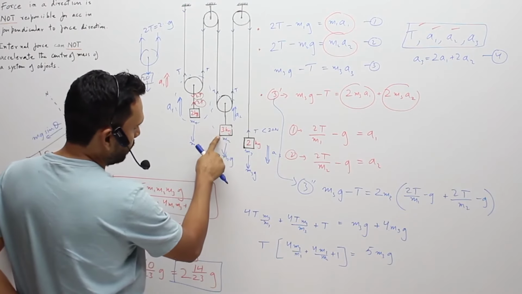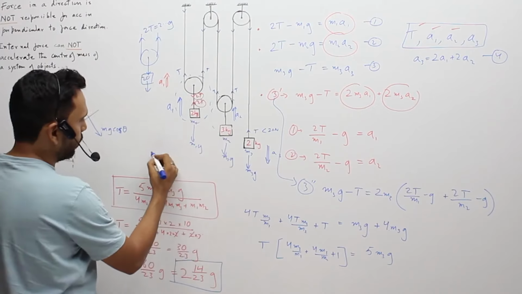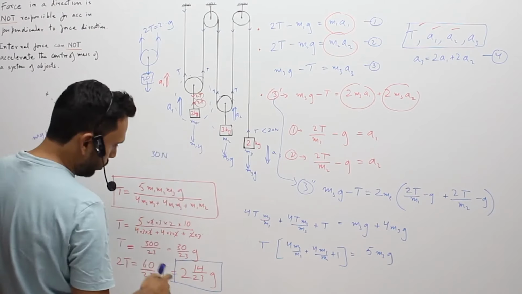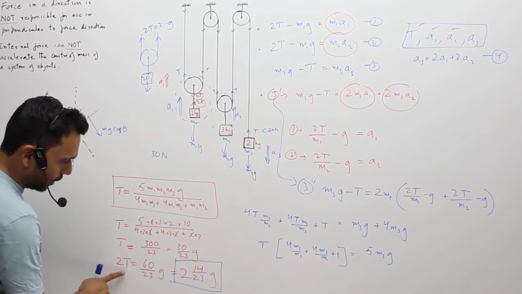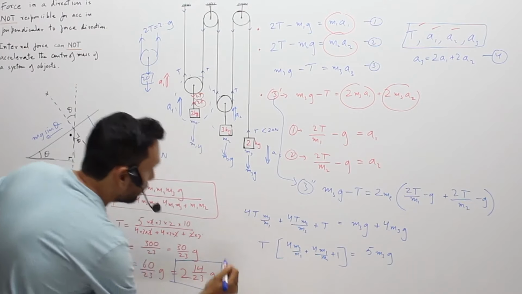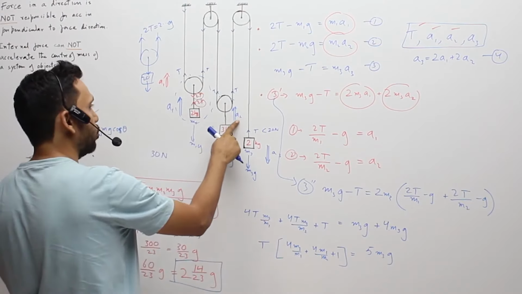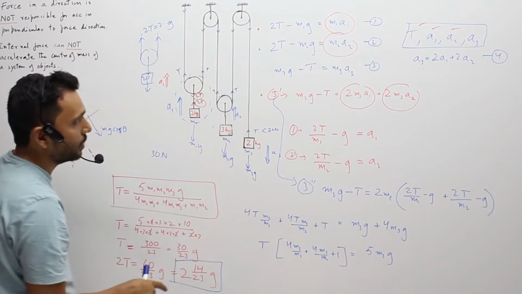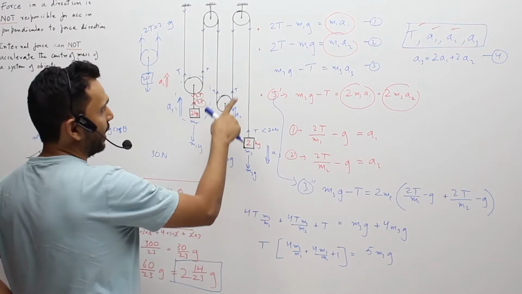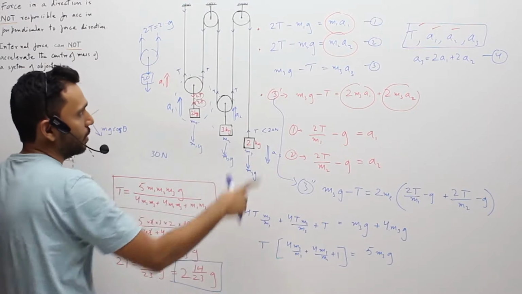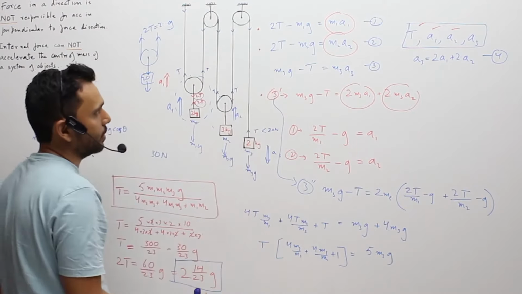Your 3 kg mass, which has a weight of 30 Newton, is going to exceed this 2T, and this mass is ultimately going to go down. So A2 will have a negative value. That is what I'm getting from here, that A2 is going to have a negative value. Let me put it in this and see what we get.